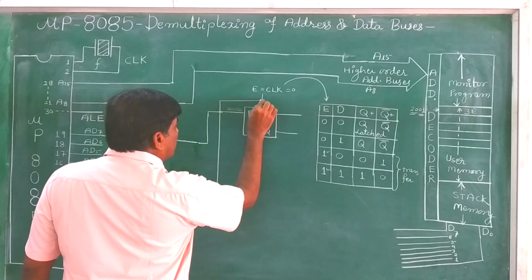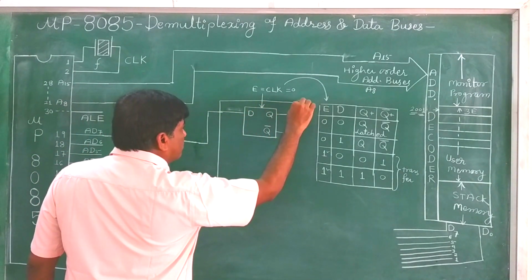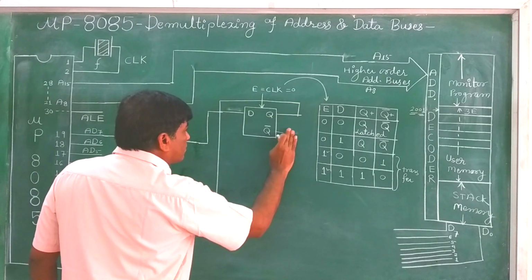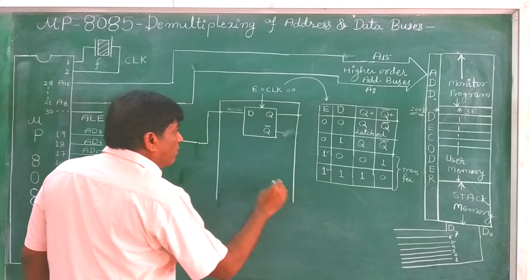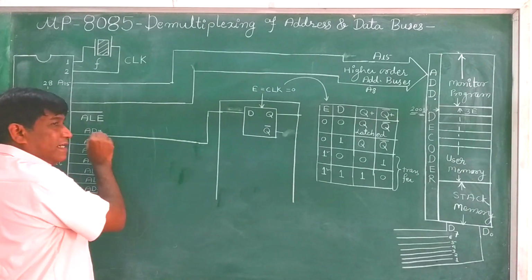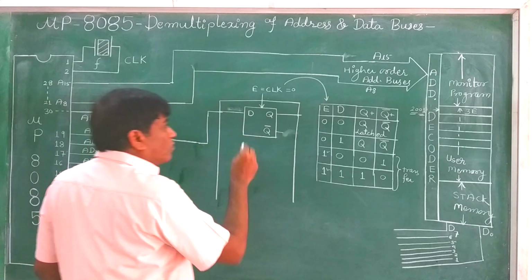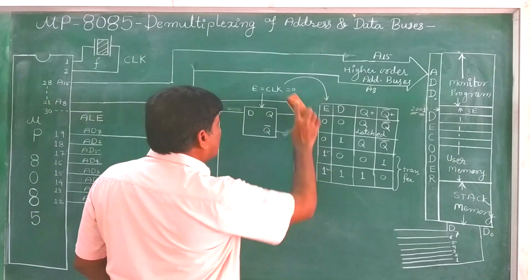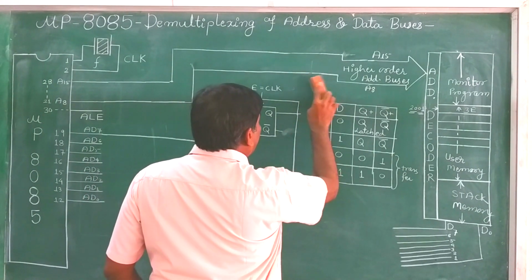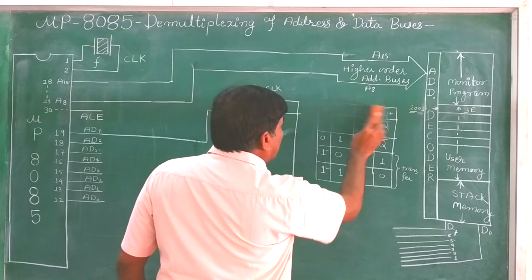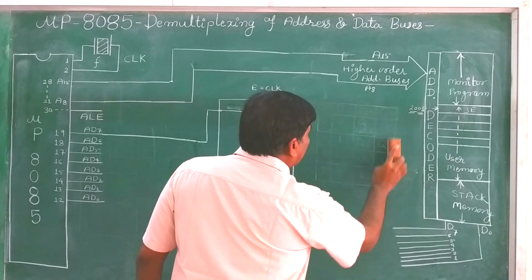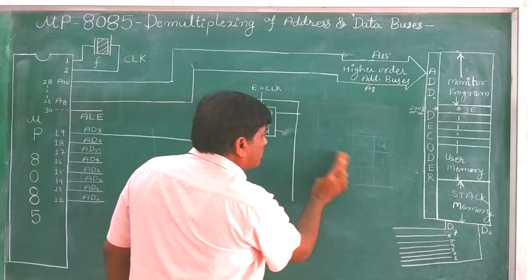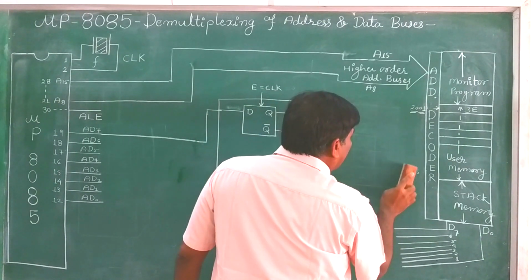And now the output of this D flip-flop, for AD7, will be connected to the address decoder, where we have all the address buses.